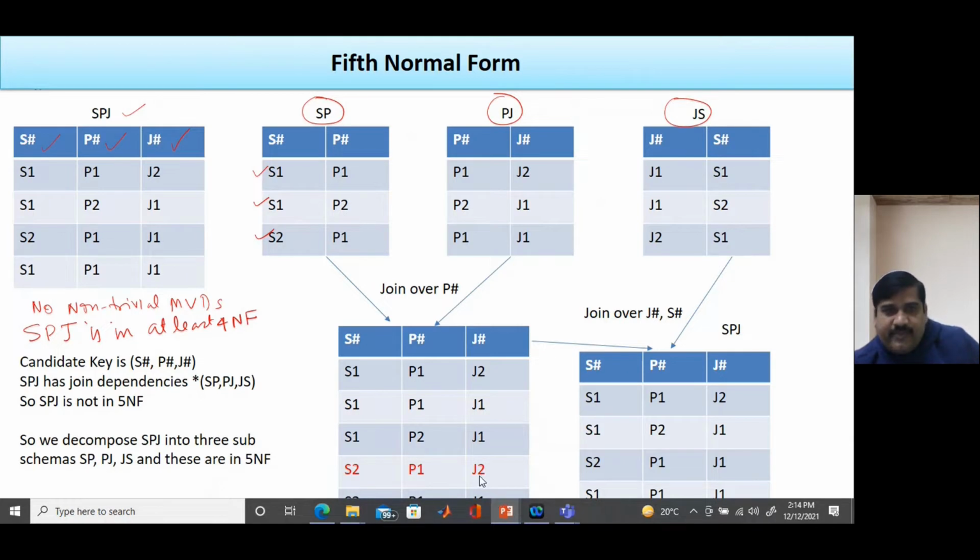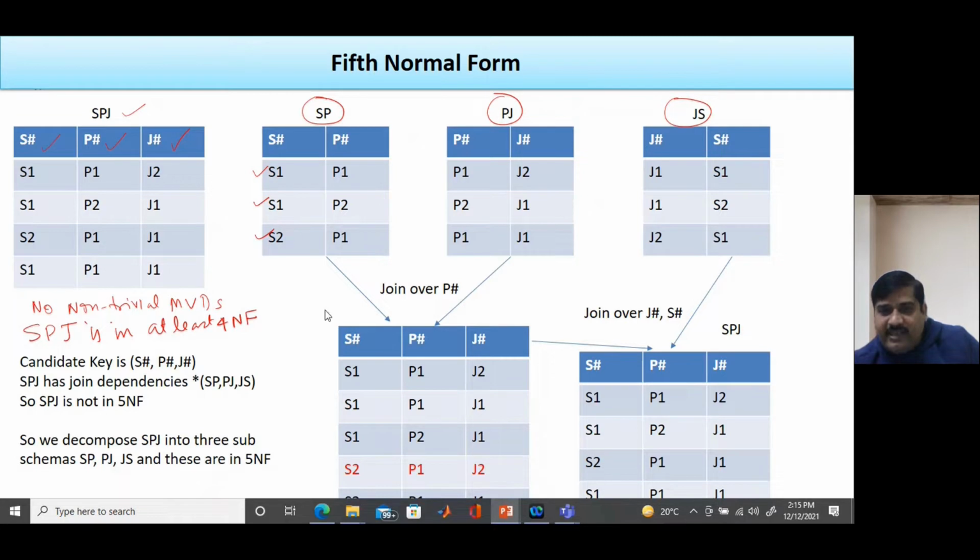So here we get a spurious tuple, meaning this tuple is not in the original table. So if we join these two subrelations, we are not getting the original table.